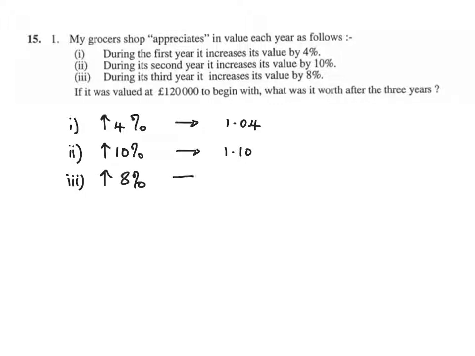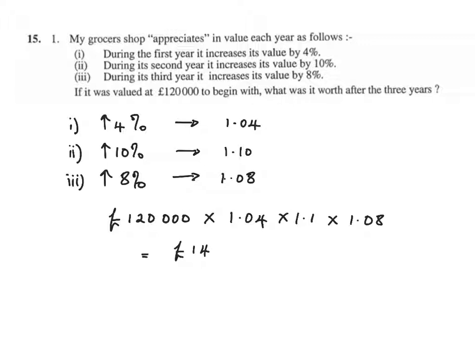So the decimal multiplier there will be 1.08. So if it was valued at £120,000 to begin with, how much was it worth after 3 years? And that gives 148,262.40.